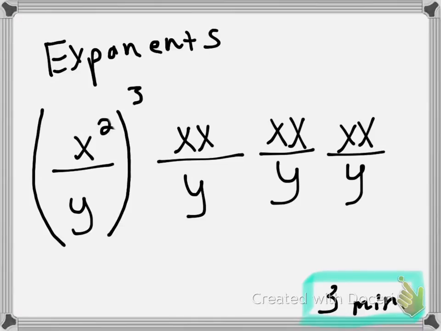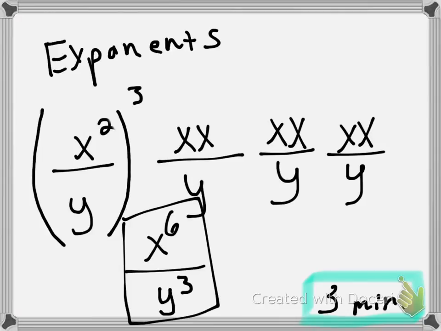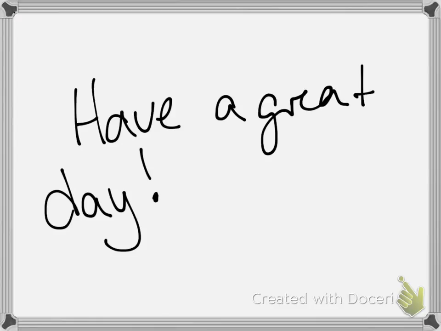So then from there, I just have to count. 1, 2, 3, 4, 5, 6. So, x, I have 6 of them, and y, I just have 1, 2, 3. So it becomes x to the sixth y to the third. And that is my final answer. I hope you guys have a great day today.